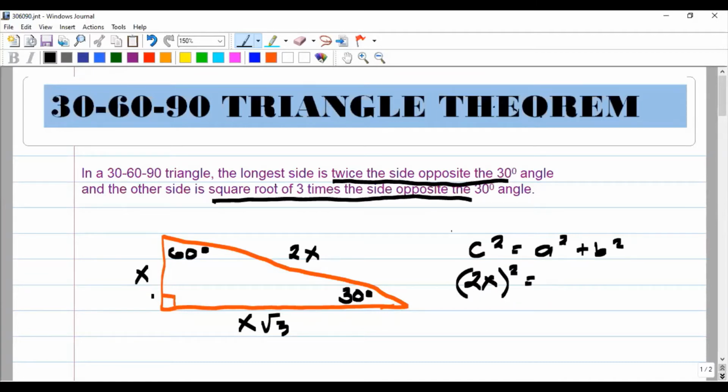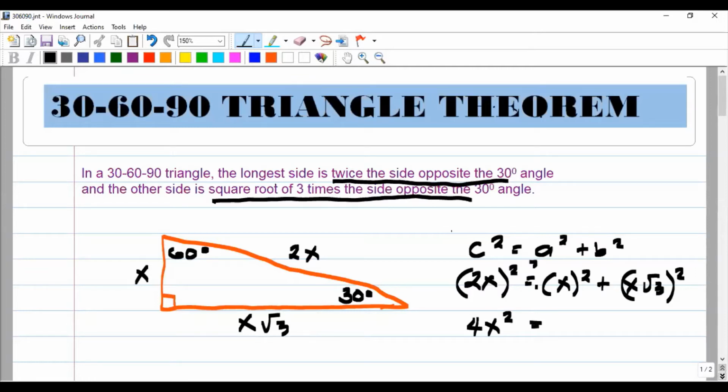And the side opposite our 30-degree angle, which is x, can be the value of a. So we have x squared. And the other side is x square root of 3 squared.